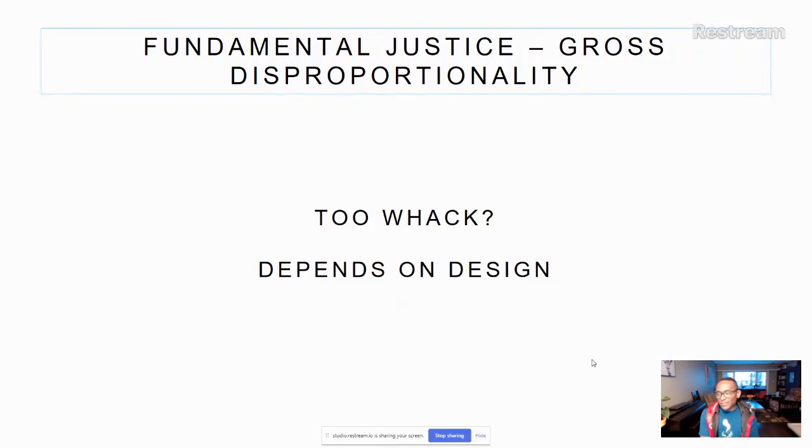Gross disproportionality. Is the law too whack? Is it so crazy that when you read it, you're going to go, oh my God, you guys have done a crazy job on rights here, on violating rights here, and we don't see any benefit whatsoever to Canada. The objectives are not going to be met with this law.